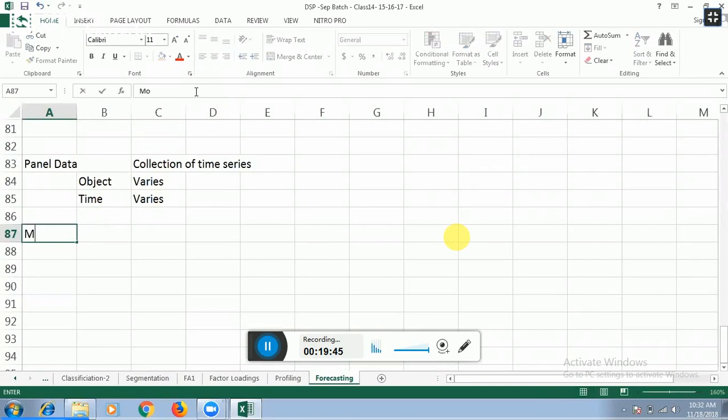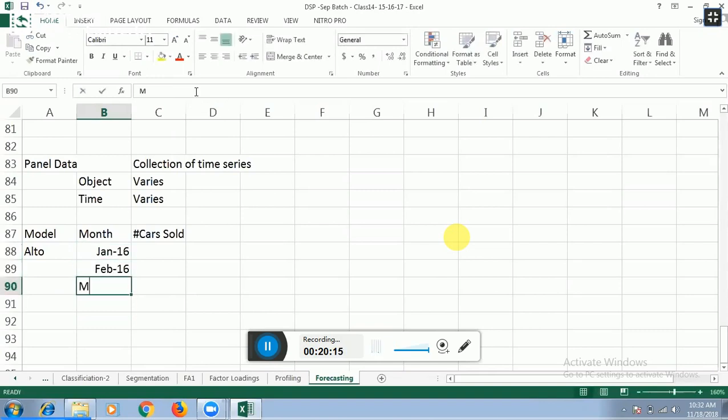So you have the model, the month, and the sales, the number of cars sold. Model, maybe Alto, January 2016, and then February 2016, March 2016, something like that, up to October 2018. You have 3-4 years of data.